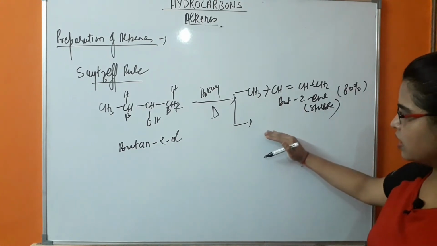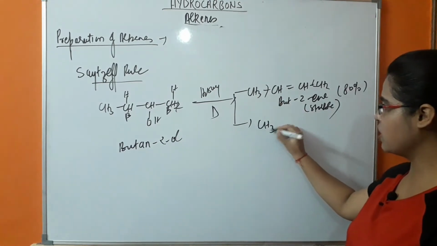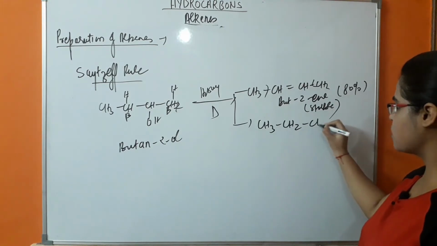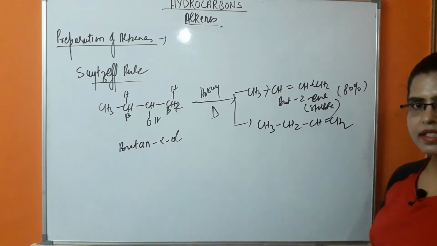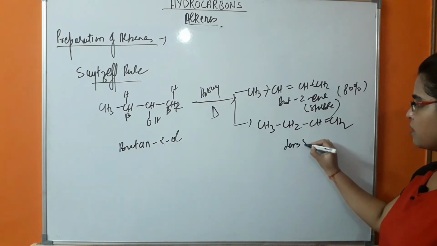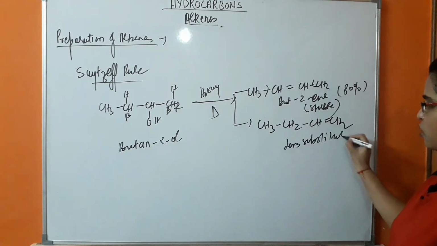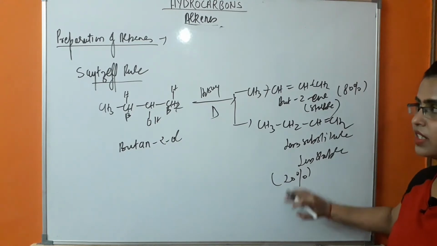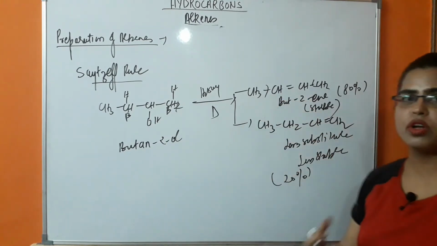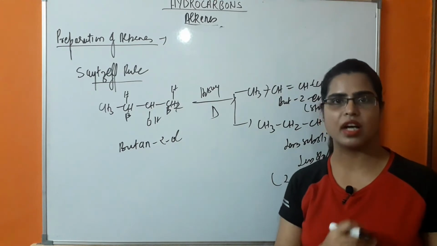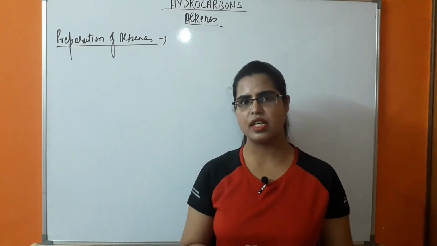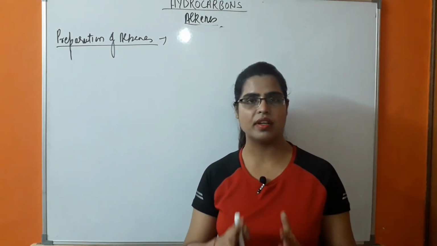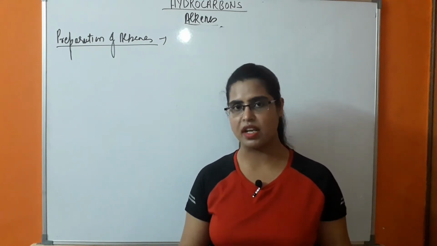Next there will be formation of a less substituted alkene, which is less stable. So this is less substituted, so less stable. The composition of this is 20%. The stability of alkene is on the basis of stability of carbocation. As we have seen in dehydration, the stability of carbocation is playing a very important role.